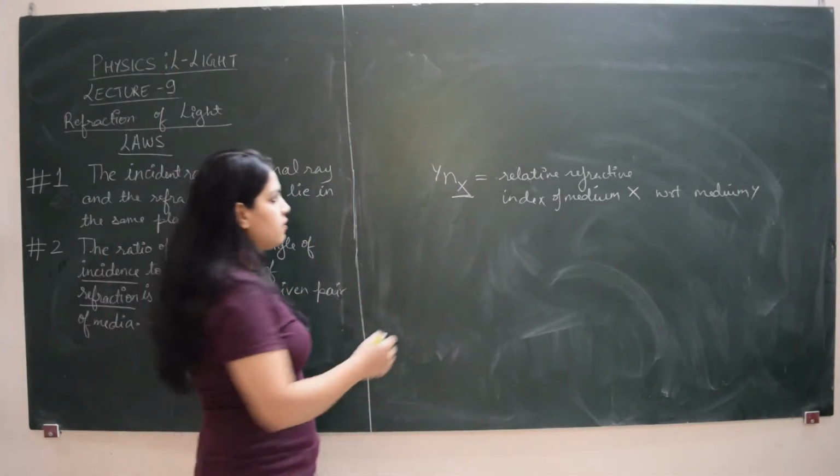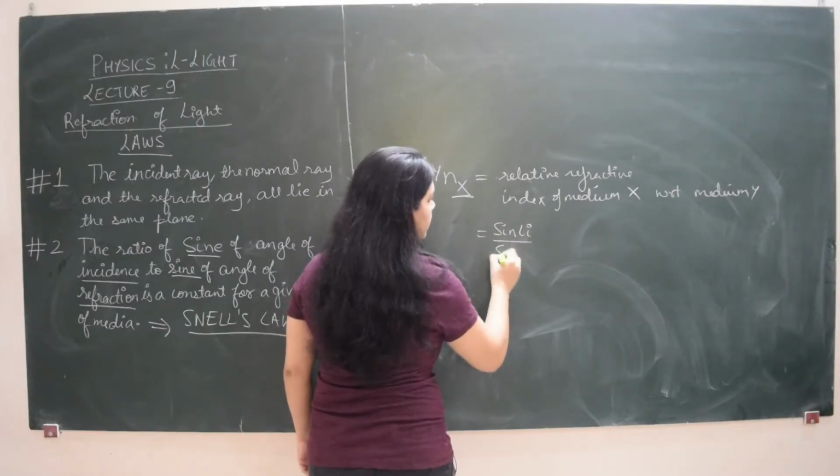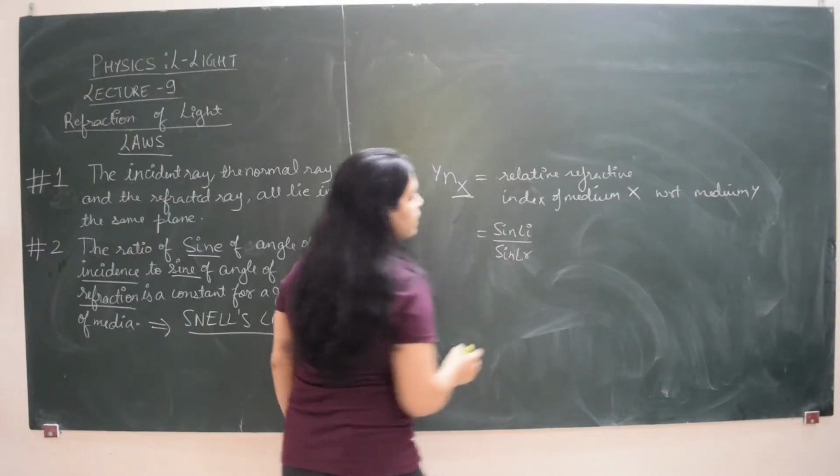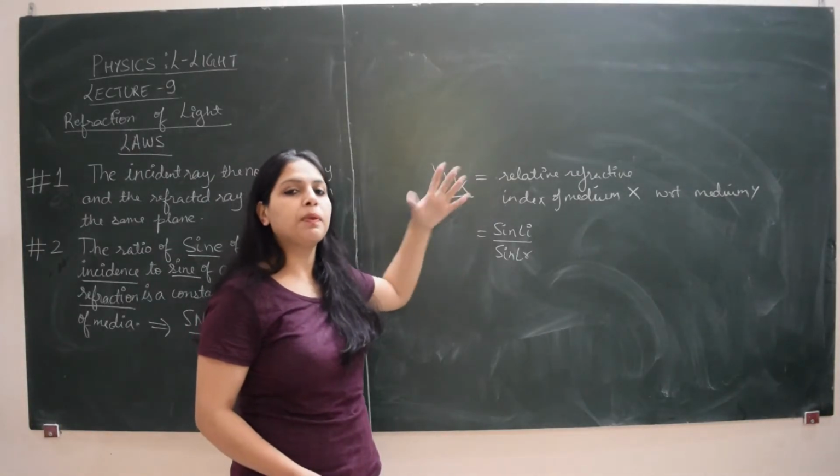Now, we know that when a light passes from one medium to another, its speed changes. So, this relative refractive index, for which we had this formula also, sin I upon sin R, we have another relation which basically compares relative refractive index with the speed of light.